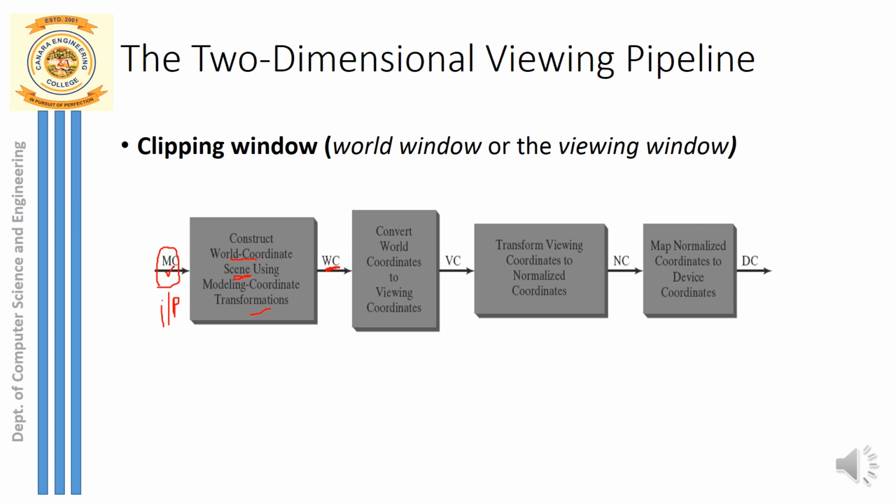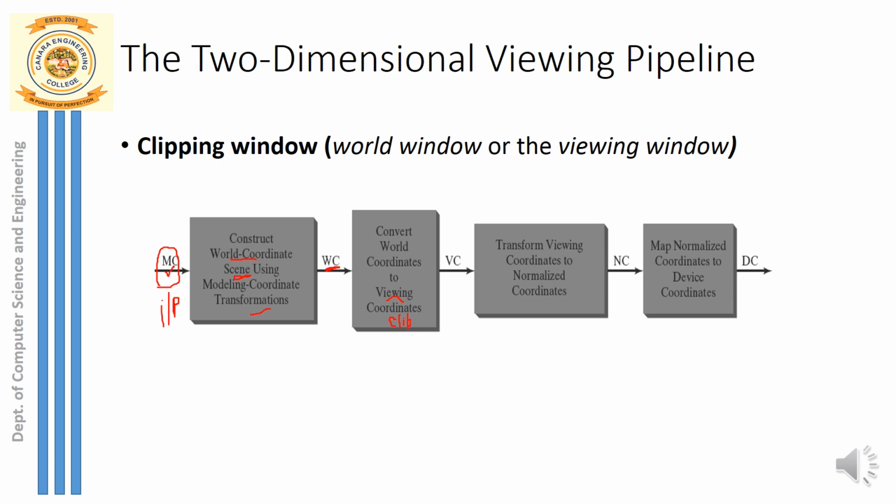So what is our next step in the pipeline? That is conversion of the world coordinate system into viewing coordinates. What are these viewing coordinates? It is nothing but choosing a specific area in the scene. That is nothing but clipping. You are now ready to perform the clipping. Choose the desired portion in the scene, so that your clipping boundary is specified.